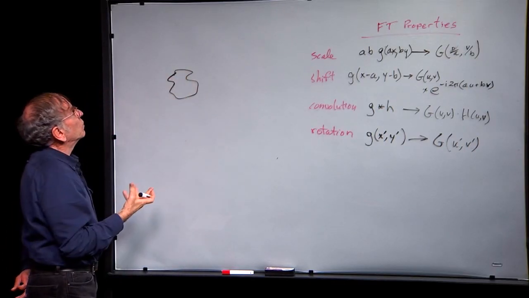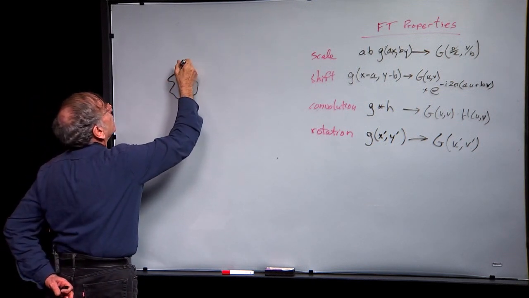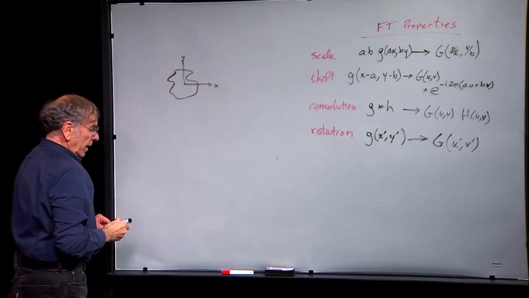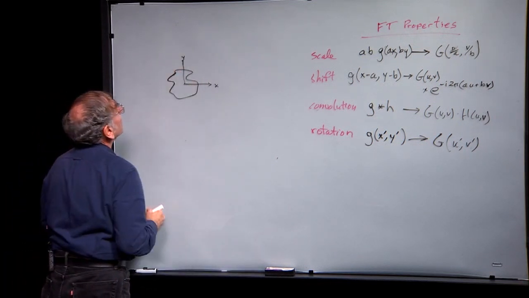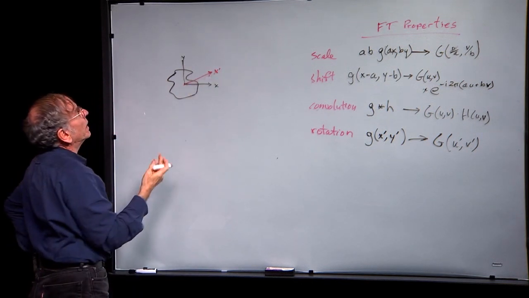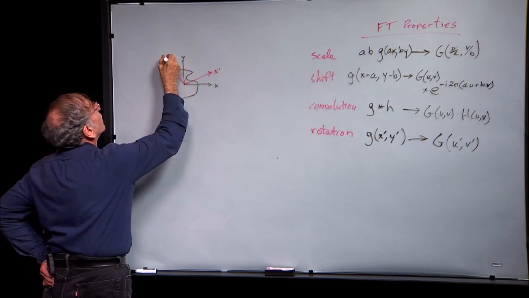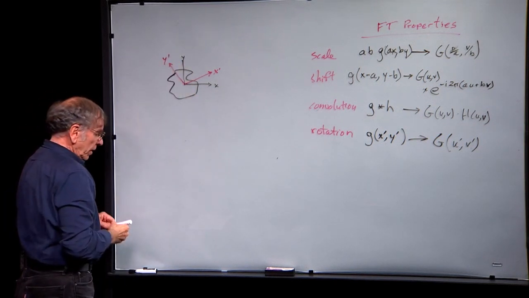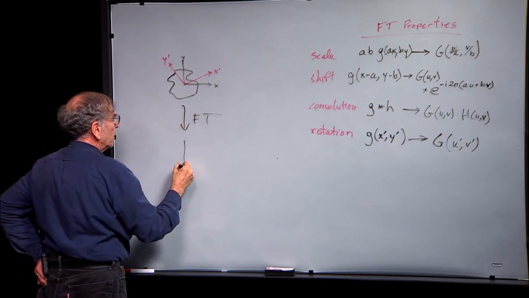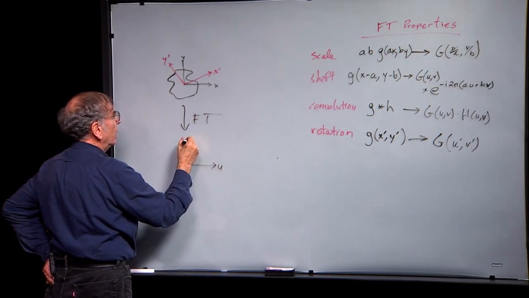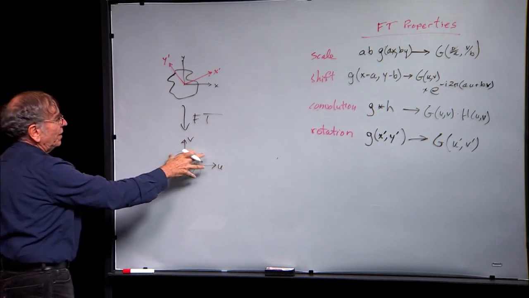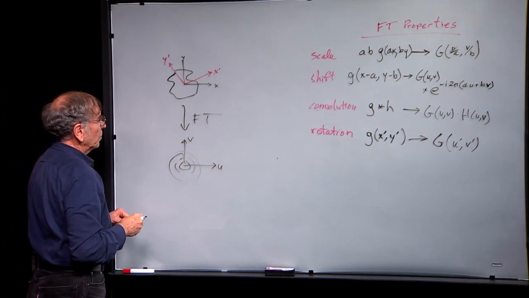Okay, so here's what I mean. Here is my two-dimensional density, and I can describe it in the x and y directions. Now suppose I make a new coordinate system. Let's let the x prime axis be rotated by that much, and there will be a y prime axis that's rotated by that much. Now, if I do the Fourier transform of this, I will get some kind of thing in the u-v plane. It's usually some kind of pattern that looks like that.